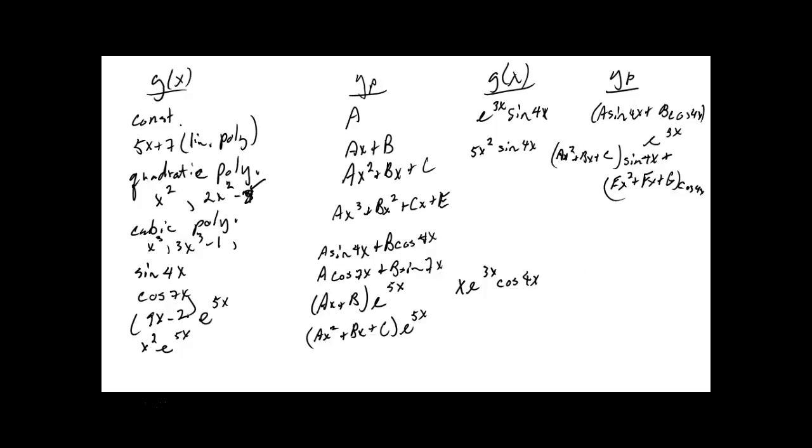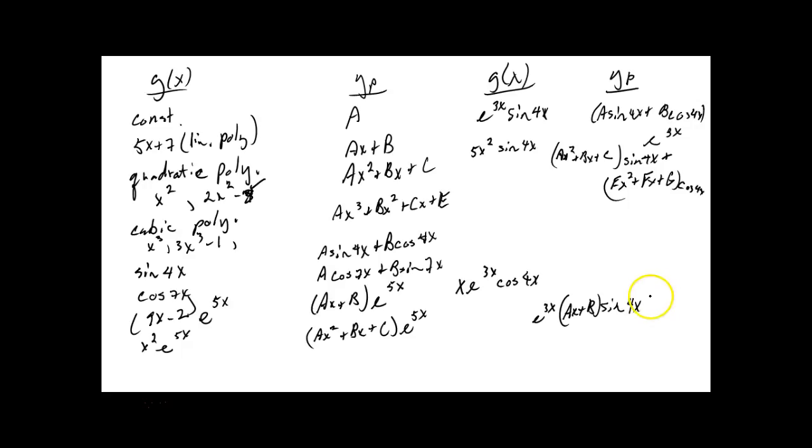They don't, but I see no reason not to. E to the 3x times (ax plus b) times sine of 4x, and it doesn't matter which one you do first.